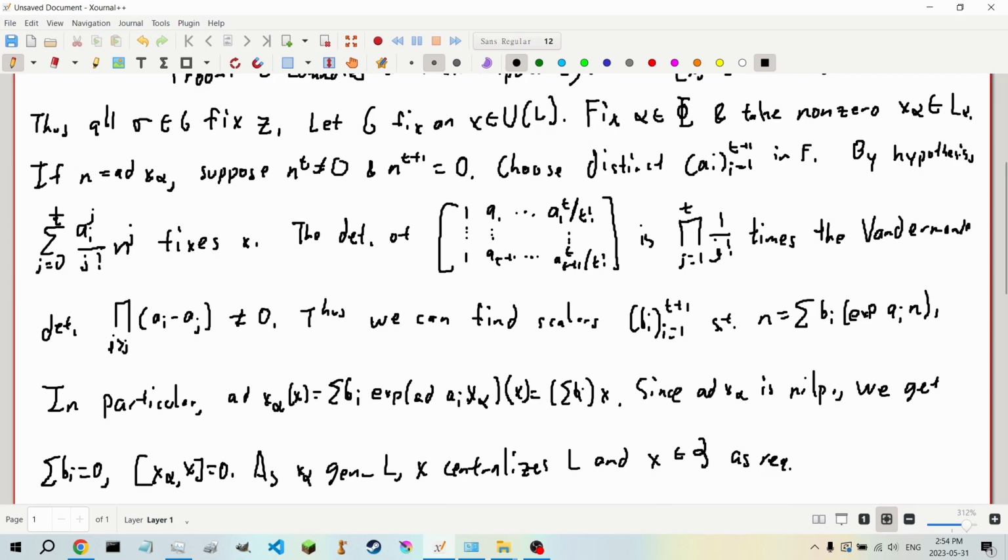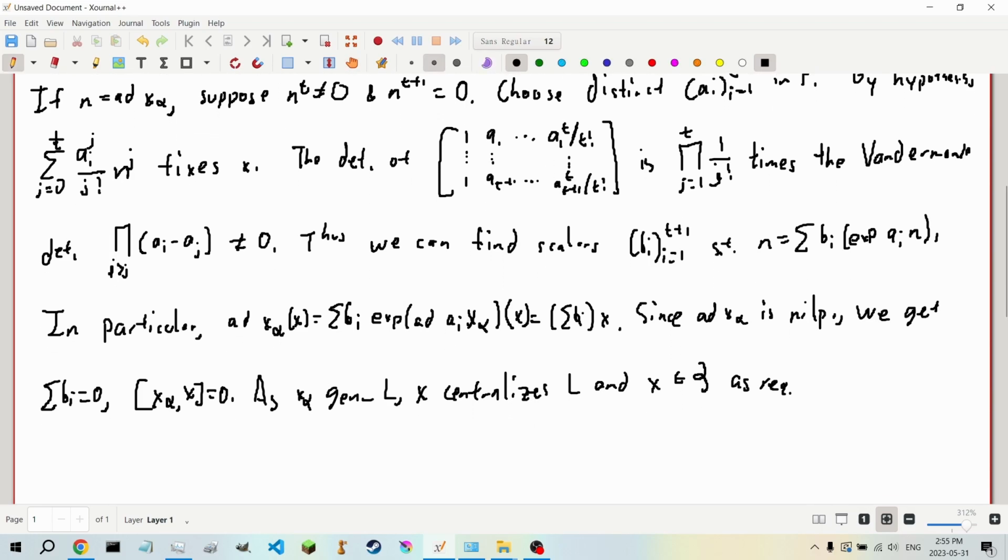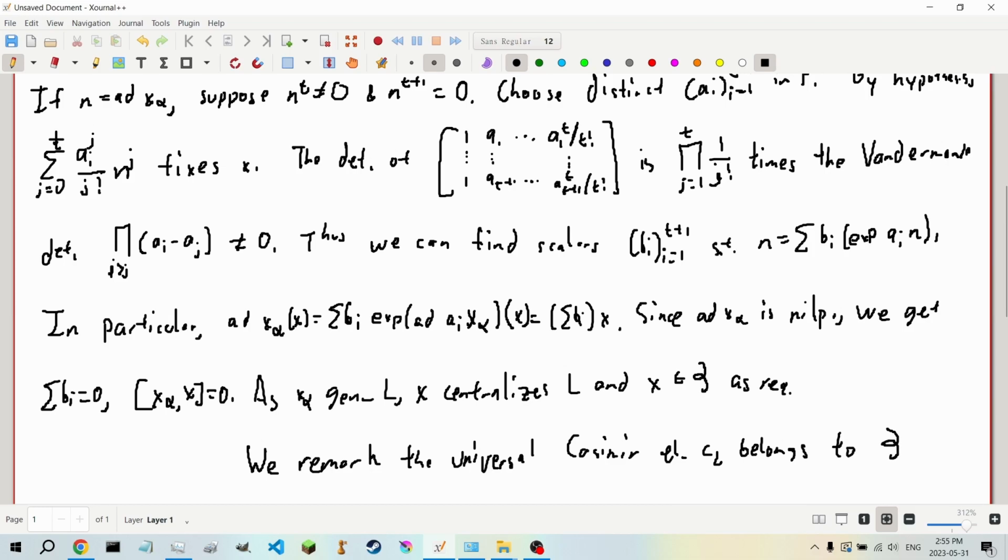Okay, so we remark that the universal Casimir element, which we call c_L, belongs to this funny thing.